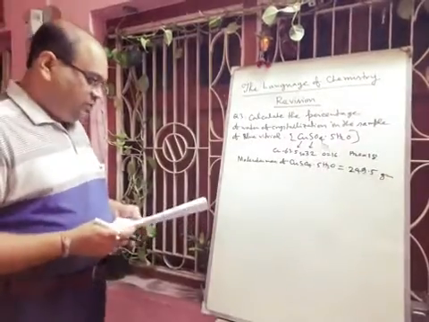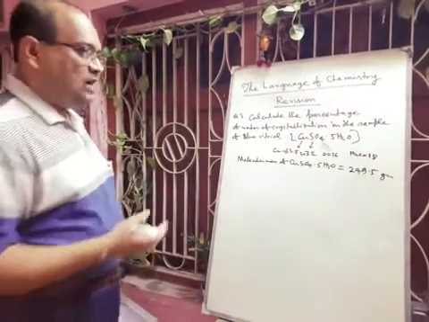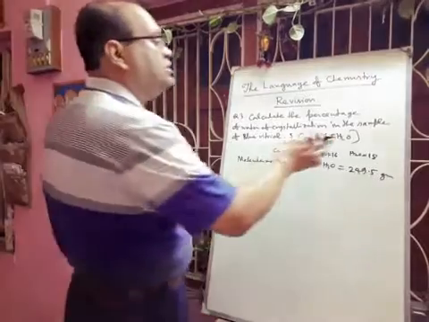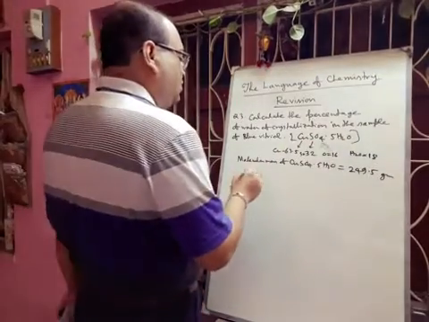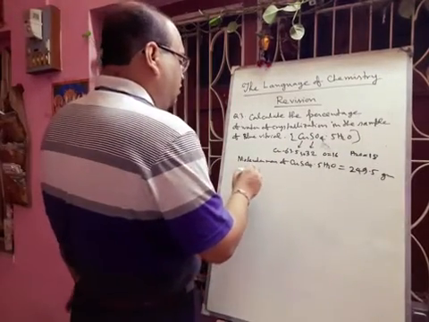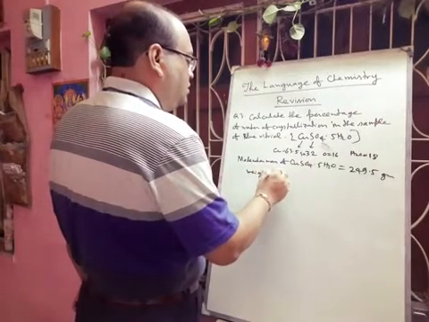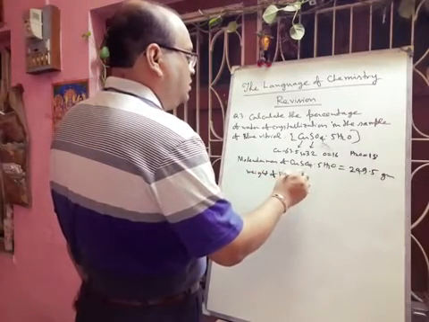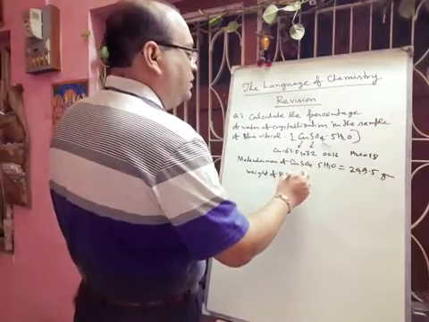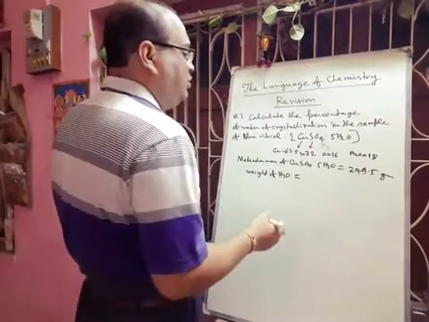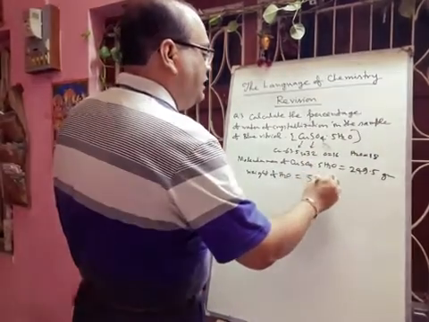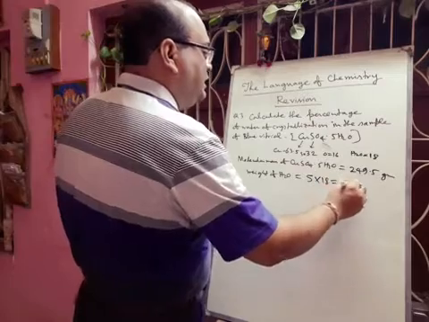Next we have to calculate the total amount of water present in 1 mole CuSO4 dot 5H2O. The weight of water: 5 water of crystallization, 5 into 18, that will be 90.